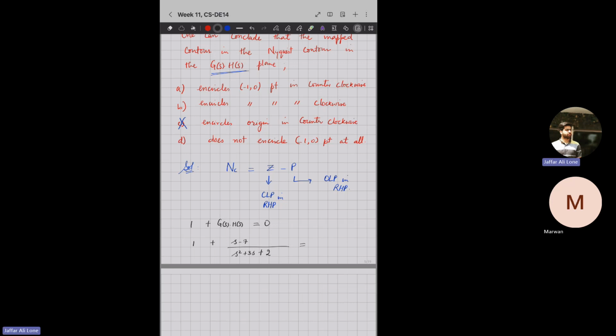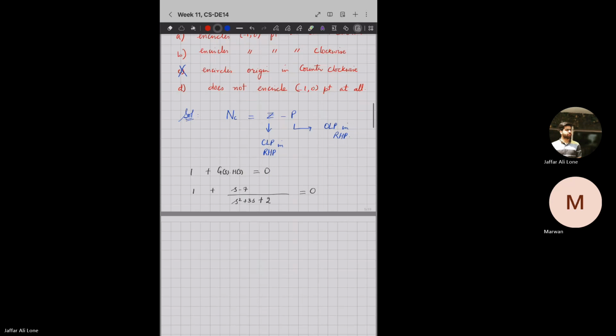Equal to 0. Now let's solve it. I'll get S square plus 3S plus 2 plus S minus 7 equal to 0, or S square plus 3S plus S is 4S, 2 minus 7 is minus 5, equal to 0.